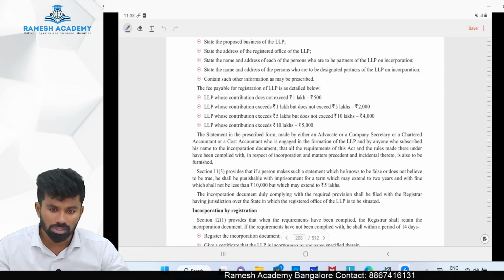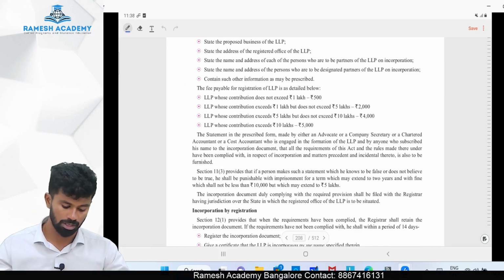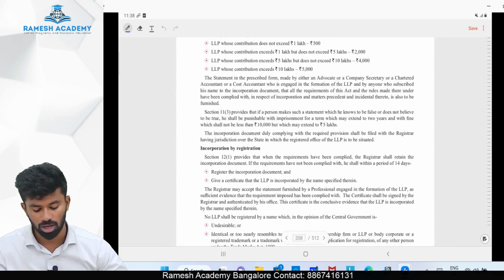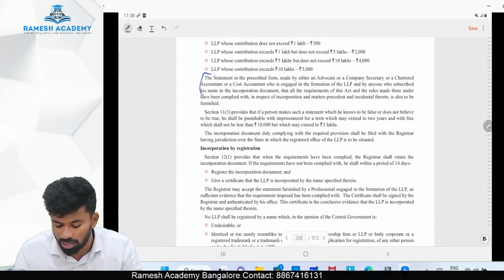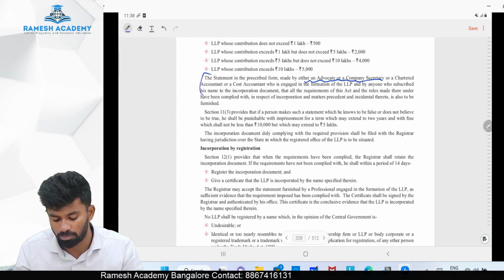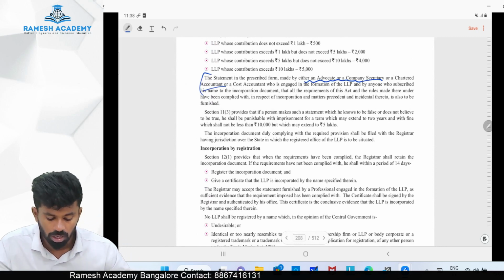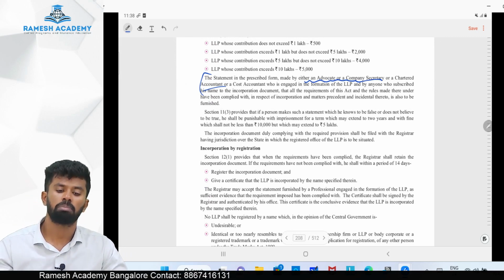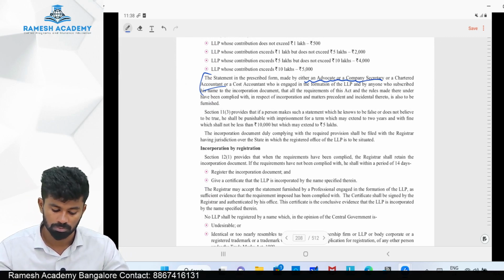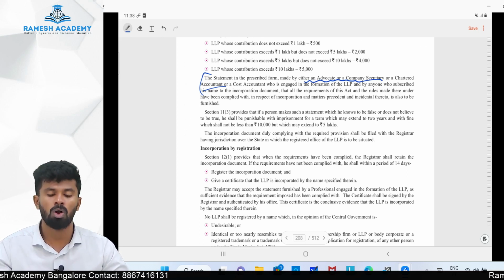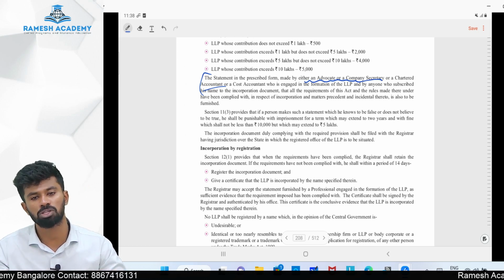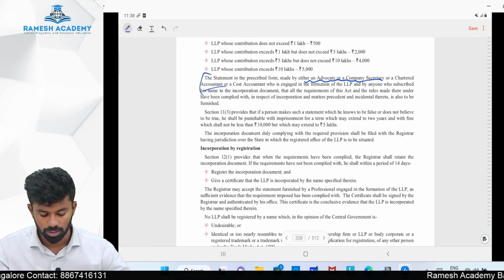Okay, so once these documents are prepared and ready, you have to file this with whom? File with the ROC. The statement in the prescribed form made either by an advocate, company secretary, cost accountant or chartered accountant in practice should be given by the professionals. They have to certify that all the documents filed with the ROC are true and correct.